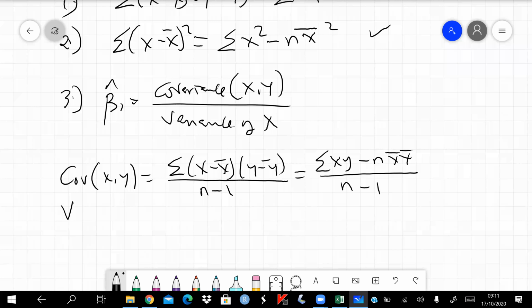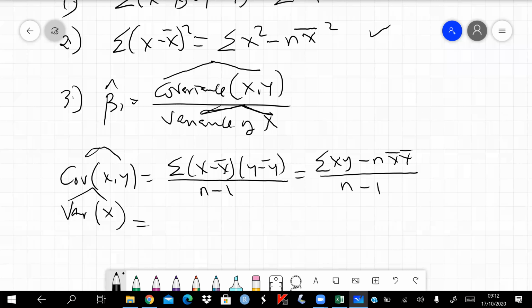Then the variance we can write like this, variance of x. And remember, all these are estimates, estimates of variance and covariance.